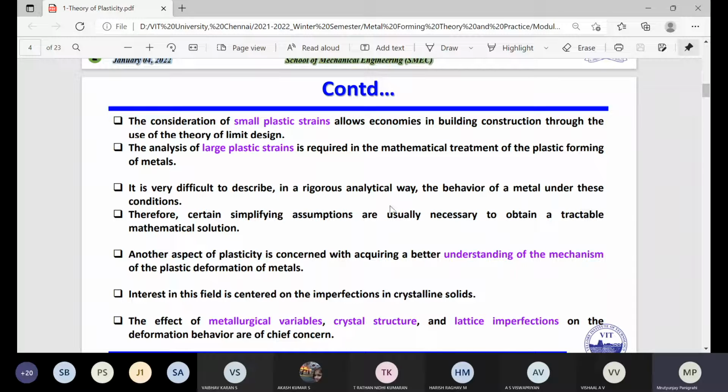It is very difficult to describe in a rigorous analytical way the behavior of the metal under these conditions. Sometimes you ask me, sir, how will we know this? Of course, this is very difficult. For example, if I am a fresher, I cannot tell what kind of material they are using or what kind of behavior it is showing.